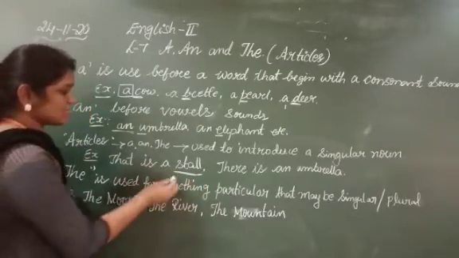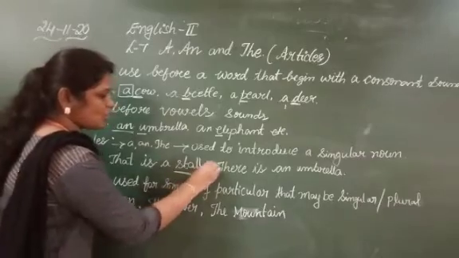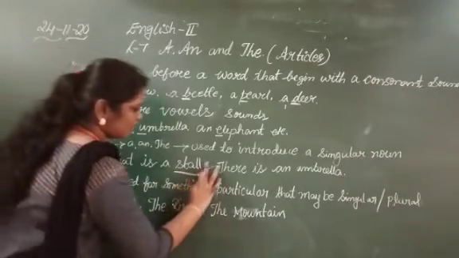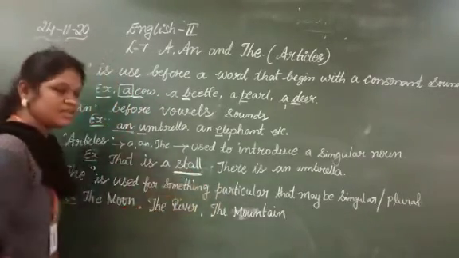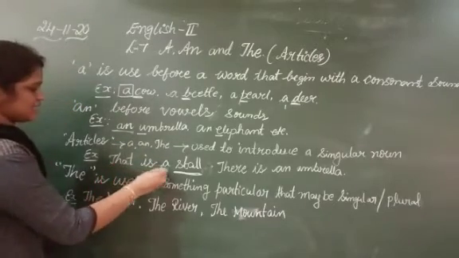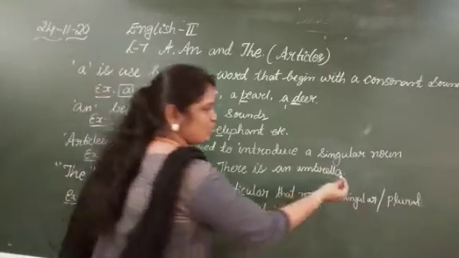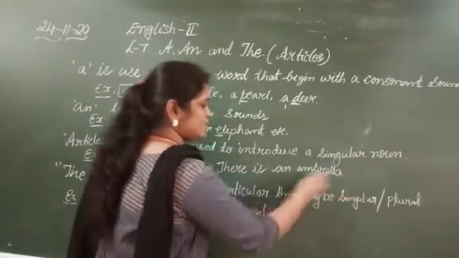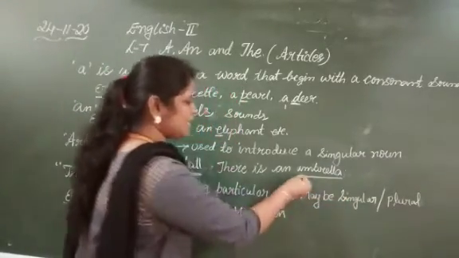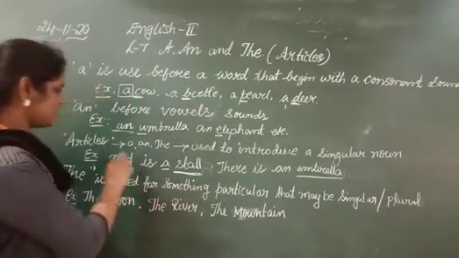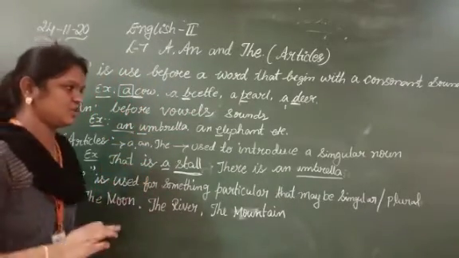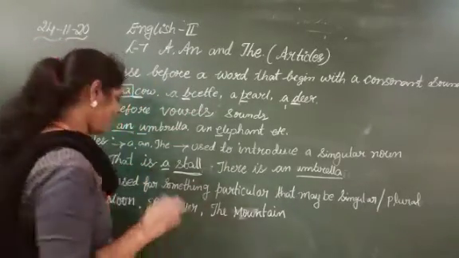Stall is a singular noun. There is no stalls, only stall. That is a stall. There is an umbrella. There is no umbrellas. There is an umbrella. A singular noun we are using. See, a and an are used to introduce a singular noun.